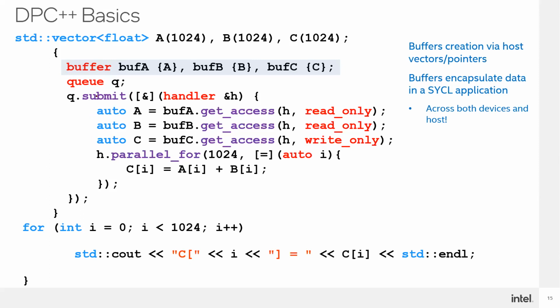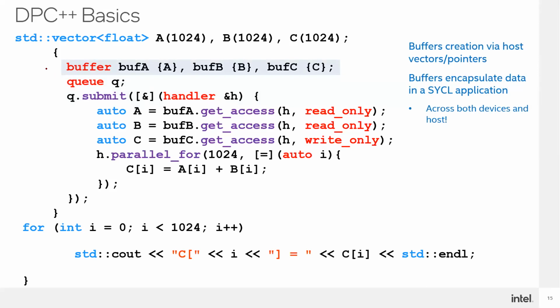Once we have wrapped our data with the buffers, we can no longer modify this initial data. If you try to write to vectors A, B or C, the behavior is undefined by the standard. Once you create the buffers, you need to operate with the data only through these wrappers.